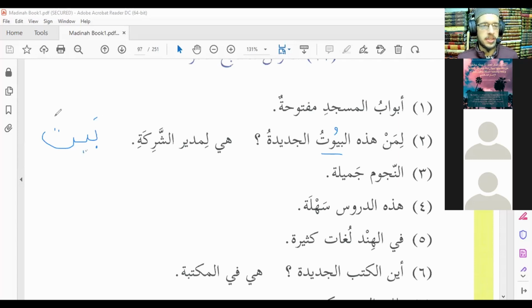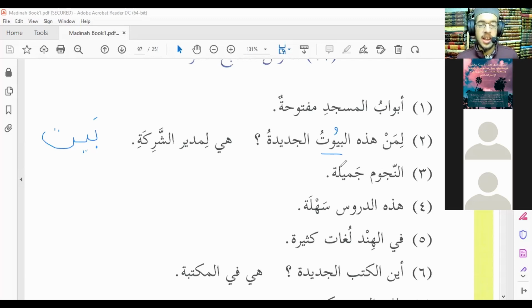Okay, so I spotted you the noun. Bait is house, okay? So if these are houses, now take a crack at it. Whose are these new houses? Right, and we can translate it a few different ways. The idea is whose new houses are these, or whose are these new houses, however you want to phrase it.